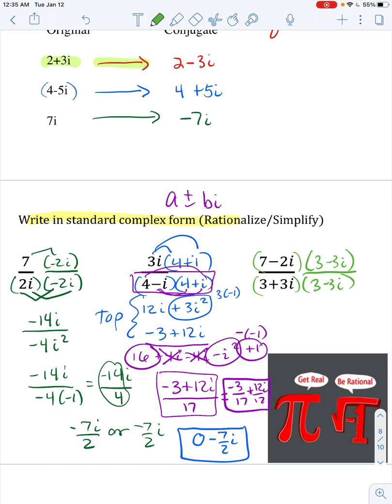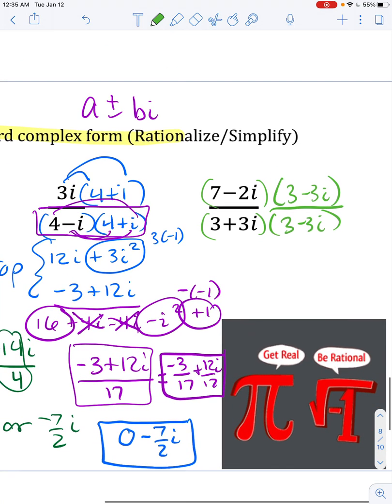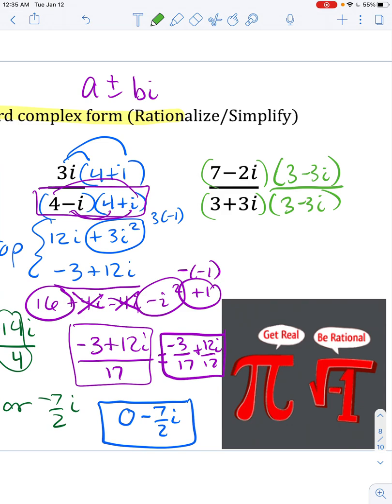I'm going to go ahead and FOIL the top up here just so I can see it. There's clearly not enough room to work because there's this very funny little cartoon down here. Okay, so I'm going to FOIL the top. First, outside, inside, last. That's doing these.